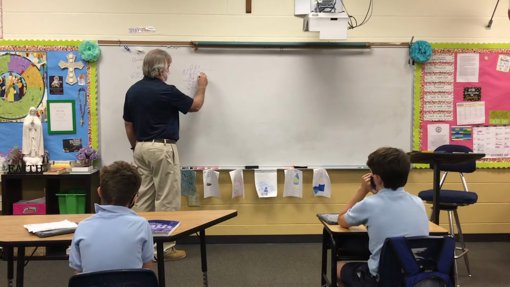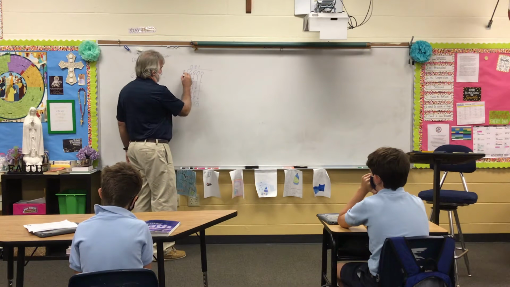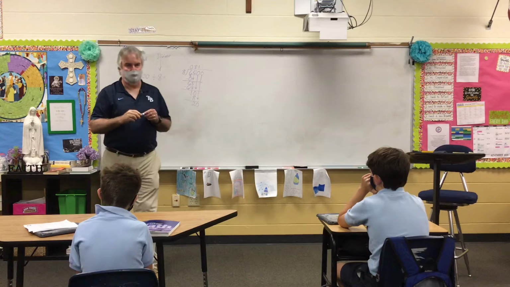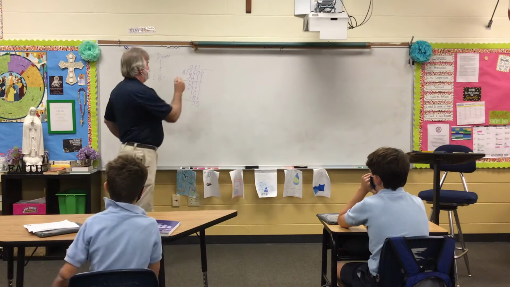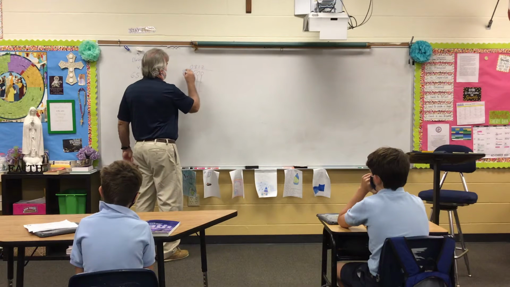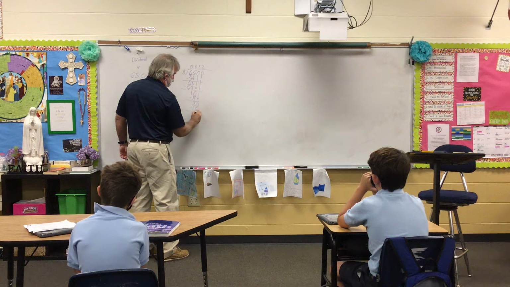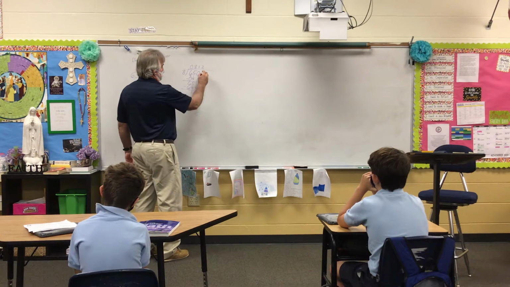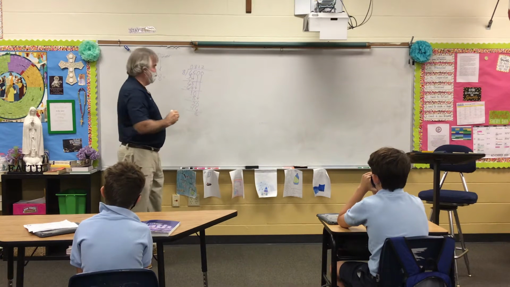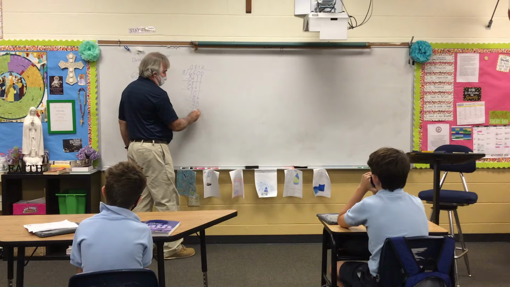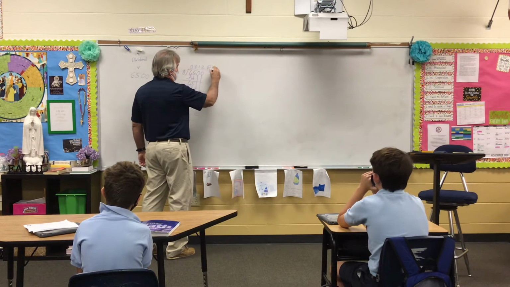I still have another digit up here, so I have to bring that all the way down. Now I'm dividing 8 into 20. 8 times 2. 2 times 8 is 16. Subtract. I got 4. I got no more numbers to bring down, do I? Okay. So whatever this is, that is your remainder.